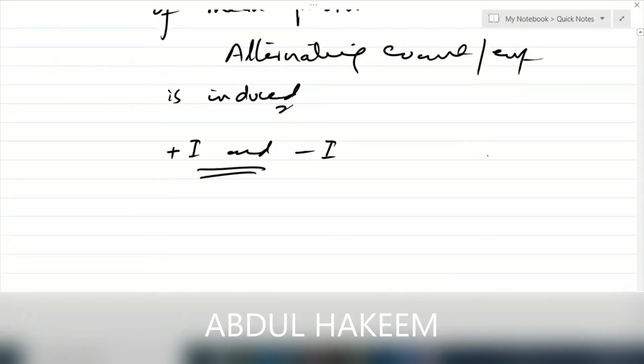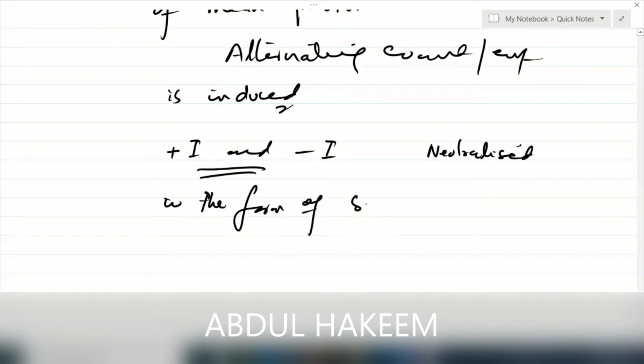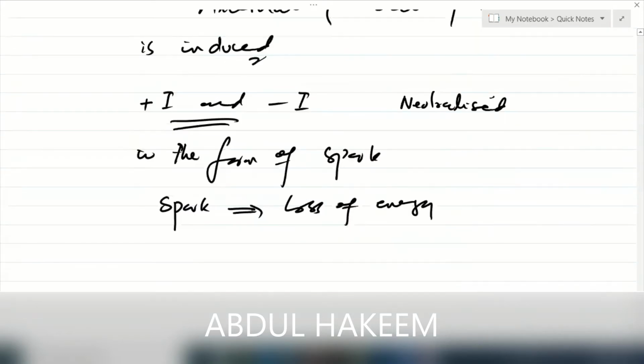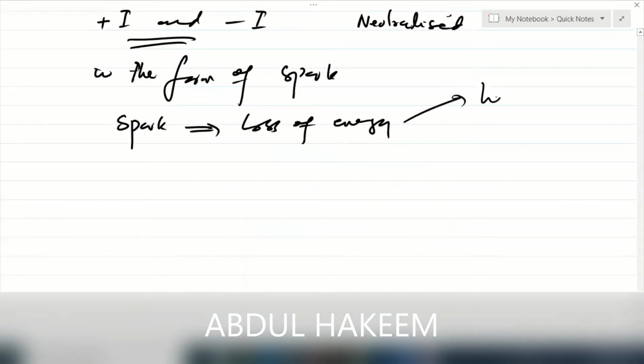So positive and negative currents are neutralized in the form of a spark. And the spark is the loss of energy both in the form of heat and light.